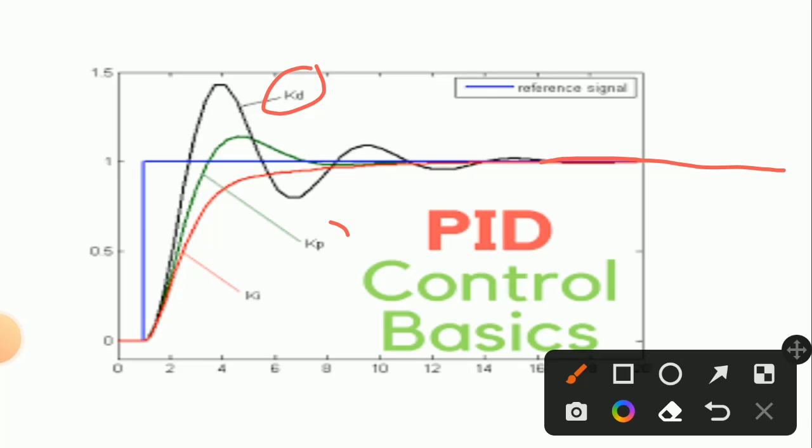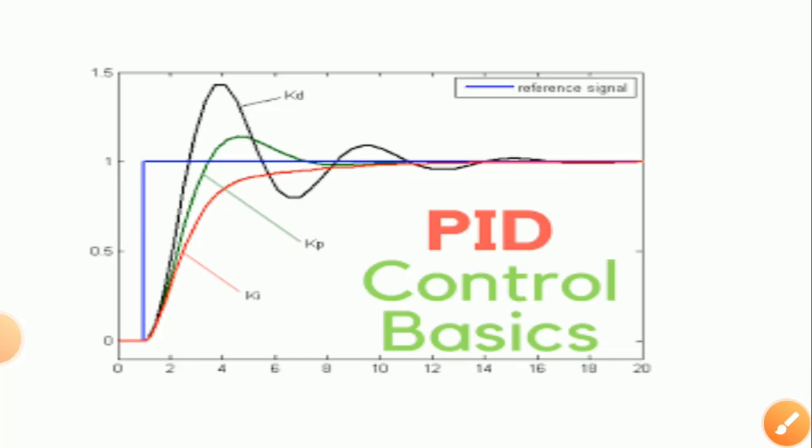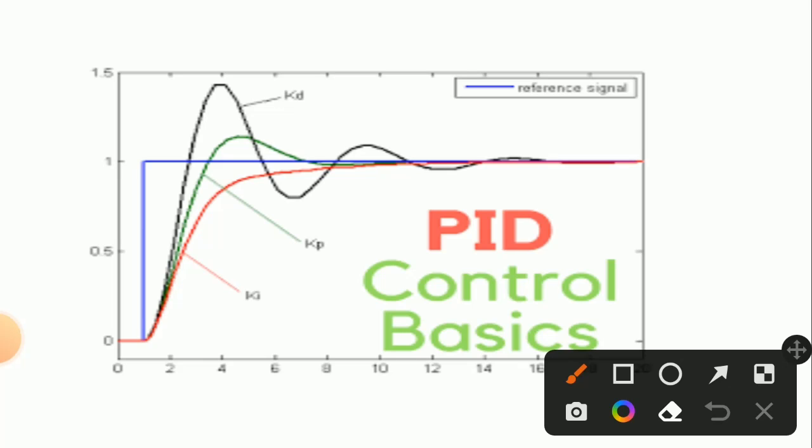Similarly, in the case of proportional you will get only one peak, and then you will get a controlled output. And in the case of Ki, integral, you will get a graph like this, and then you will get a controlled output. These are the graphs of the different inputs Kp, Ki and Kd, and after taking the combination you should get a proper stable graph like this.